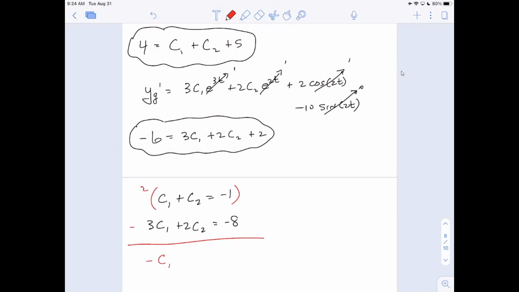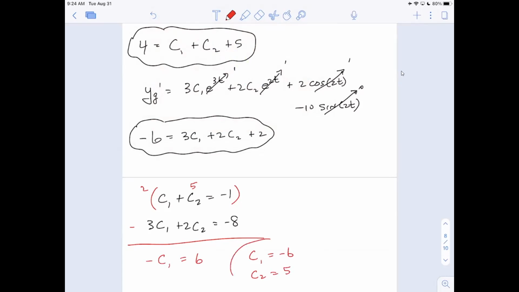Ooh, this is why you don't want to subtract. This would be easy to screw up. -2 minus a -8 would be -2 plus 8 or 6. So I think c1 is equal to -6. If that's true, then c2 would have to be 5 because -6 plus 5 would be -1.